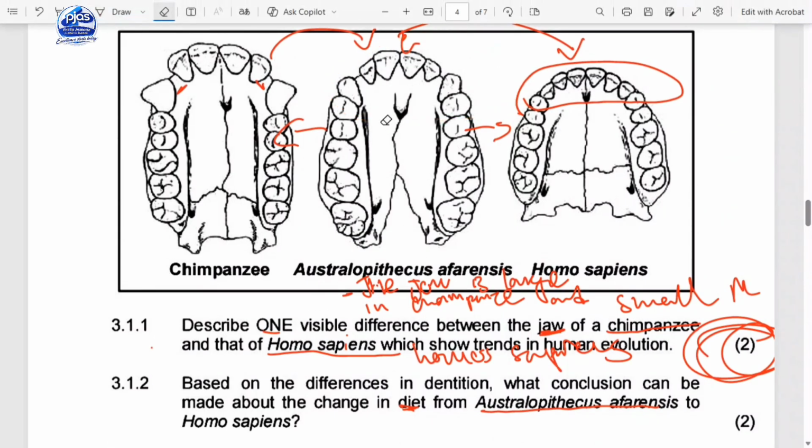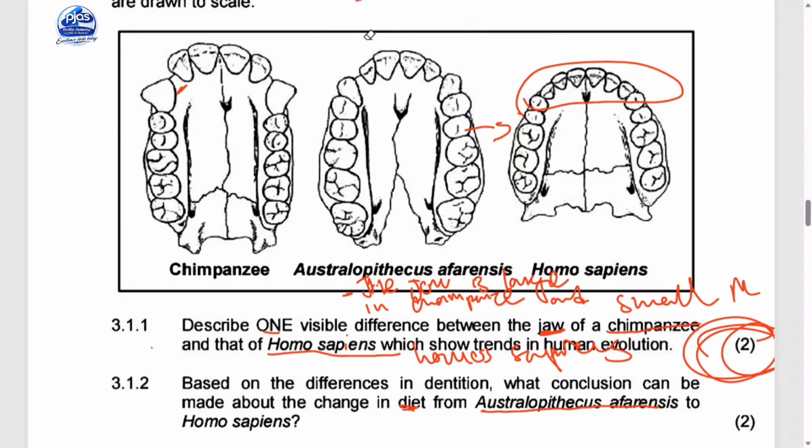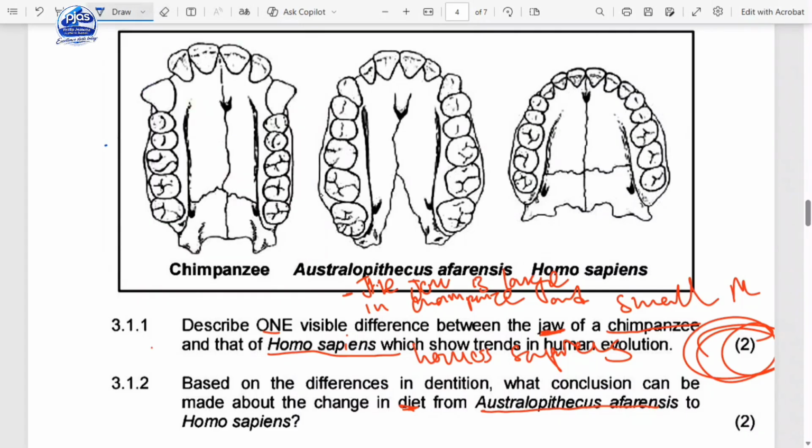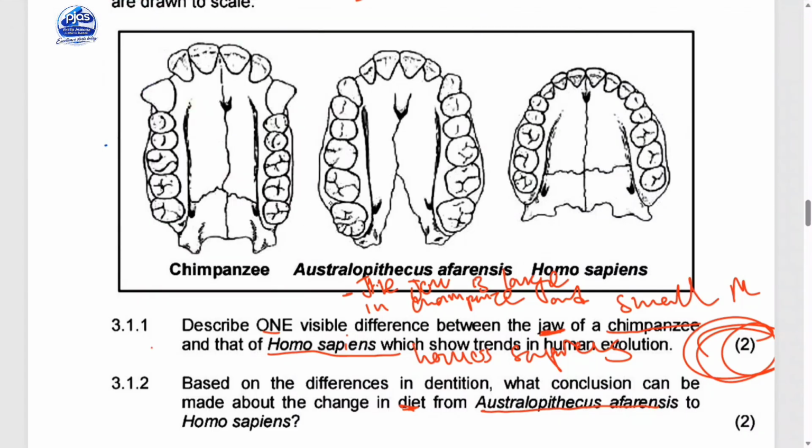Meaning that now if we can check now, we might say the jaw. Yes, the jaw is smaller than that of the chimpanzee, but larger in Homo sapiens.